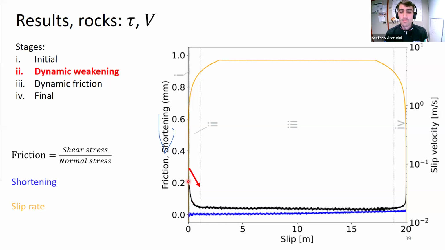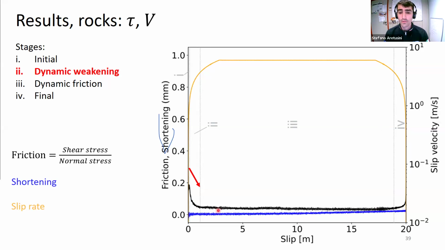There are more stages inside this experiment, because there is a stage 1 at the very beginning when the shear stress is increasing to the peak value. Then we have the second stage, which is the dynamic weakening proper, which is only a part of the entire seismic slip experiment. And then we have a stage in which friction is constant with slip velocity, and we have a recovery of friction during the deceleration stage, stage 4.